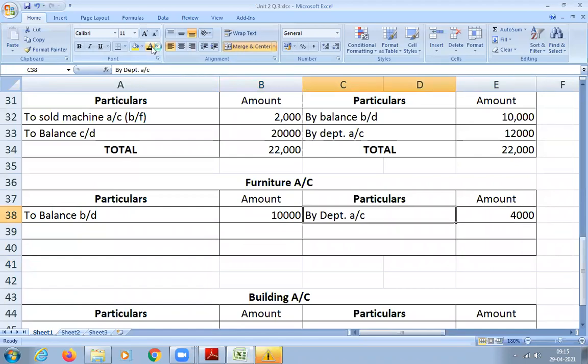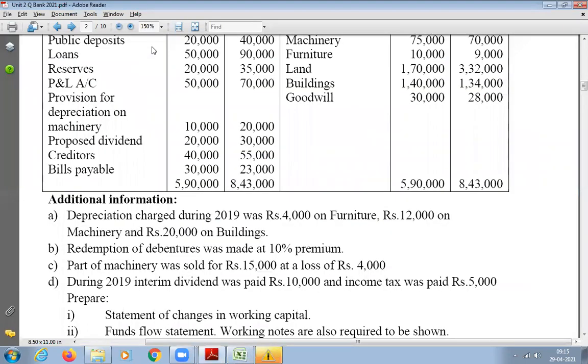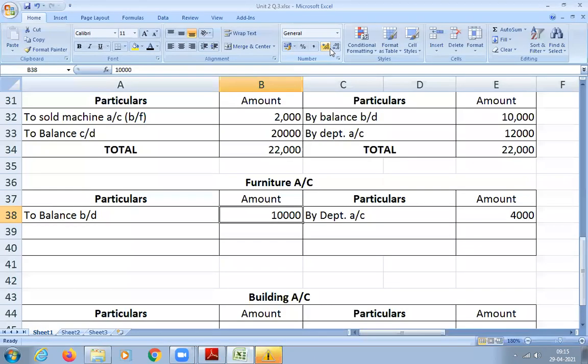Any other data given? Nothing. But he has given us the closing balance. How much is the closing balance of furniture? 9,000. So write down closing balance 9,000. So this is the data we know: opening balance 10,000, closing balance 9,000, depreciation 4,000.